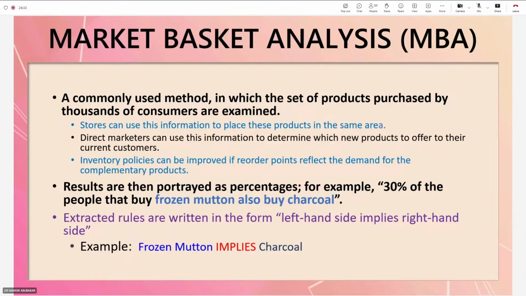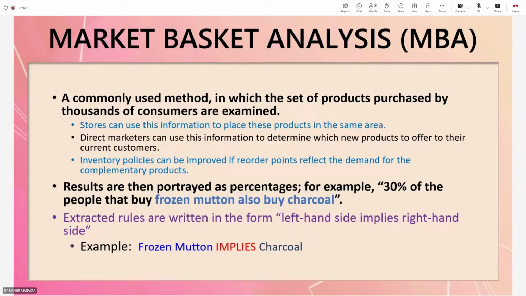So in that case, this result is always represented as what? As a percentage. Out of so many transactions, so many percent say that frozen meat is always bought at the same time as charcoal. This is why sometimes you get surprised when you go to the supermarket and see charcoal placed close to the frozen meat.